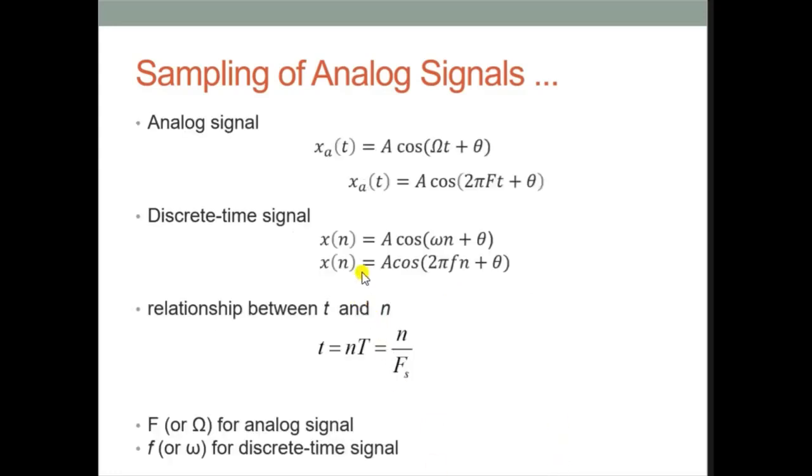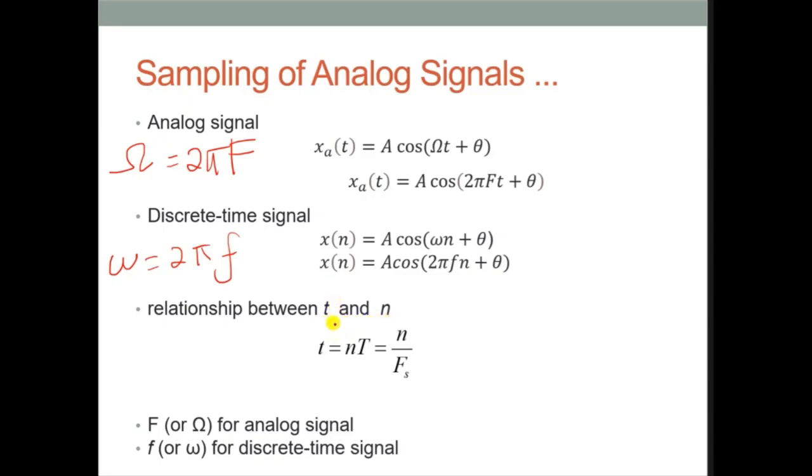Okay, so an analog signal is given by xa(t) equals A cos(Ωt + θ). Since Ω equals 2πF, capital F, we substitute this into the equation, so we get A cos(2πFt + θ). For a discrete time signal, the equation is given by x[n] equals A cos(ωn + θ), and again small ω is 2πf. Substituting that, we get A cos(2πfn).